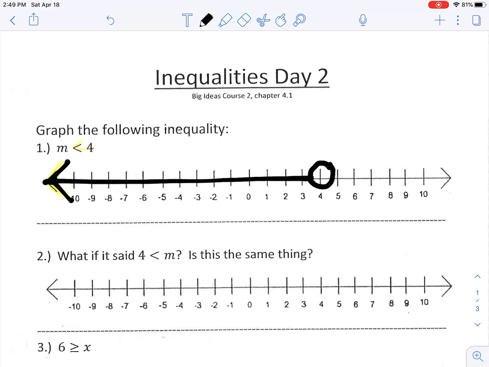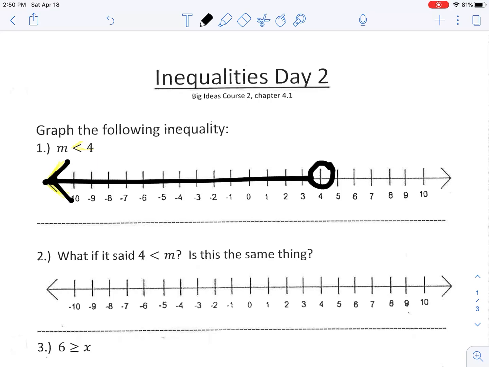Now, remember from yesterday, we learned that an open circle is if you have only less than or only greater than, which is what we have. So let's say that I'm going to have a birthday party, and my mom tells me that I have to have less than 4 friends invited. Well, I can't invite 4 friends.